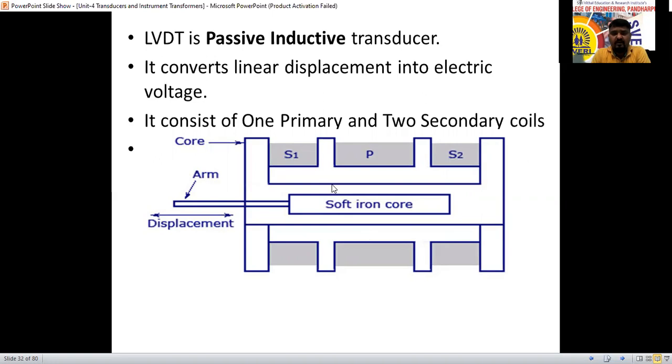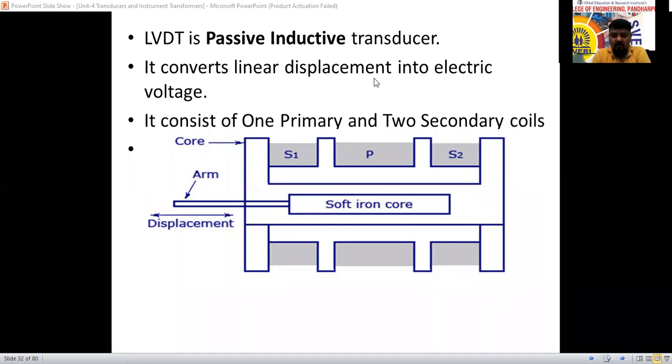differential transformer. Now it consists of one primary winding and two secondary windings. This is a passive inductive transducer, which requires an external supply. Passive means it requires an external supply, that is what we call a passive transducer.